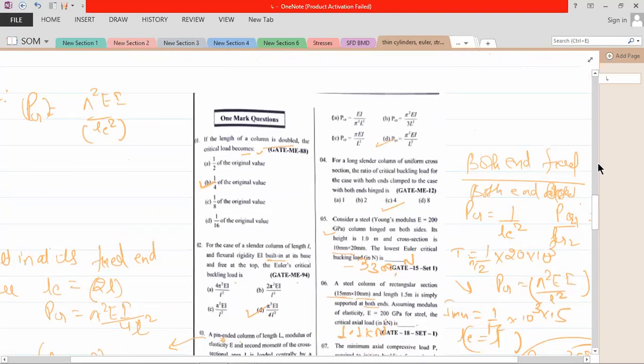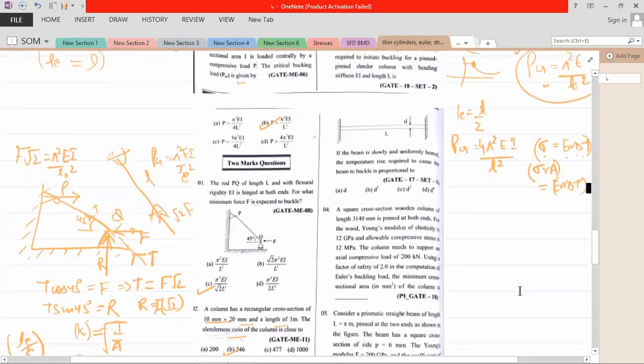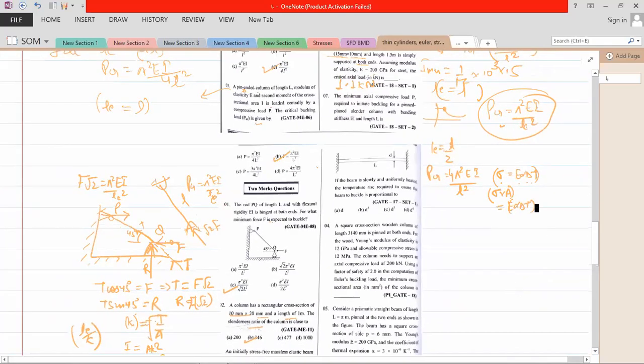This is your P force and this is your P critical. These need to be equal to cause the buckling by the thermal expansion. Then E alpha delta T into area is equal to pi square EI upon LE square.